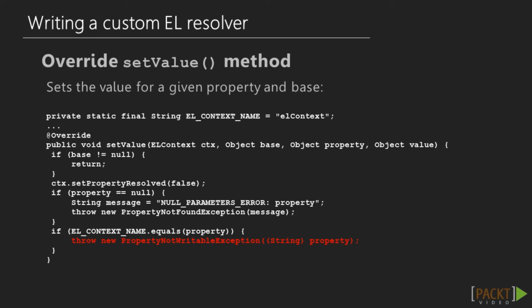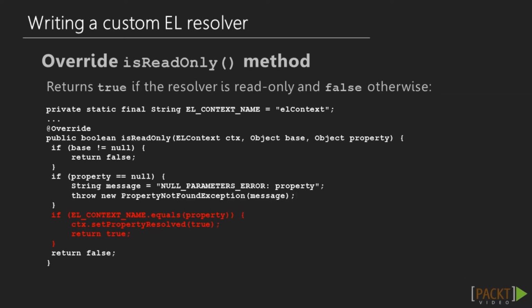Normally, before calling setValue, the developer should check if this is a read-only resolver via the isReadOnly method that is covered next. So for read-only variables such as ELContext, you need to throw an exception of type PropertyNotWritableException. The implementation of the setValue method can be accomplished like this.